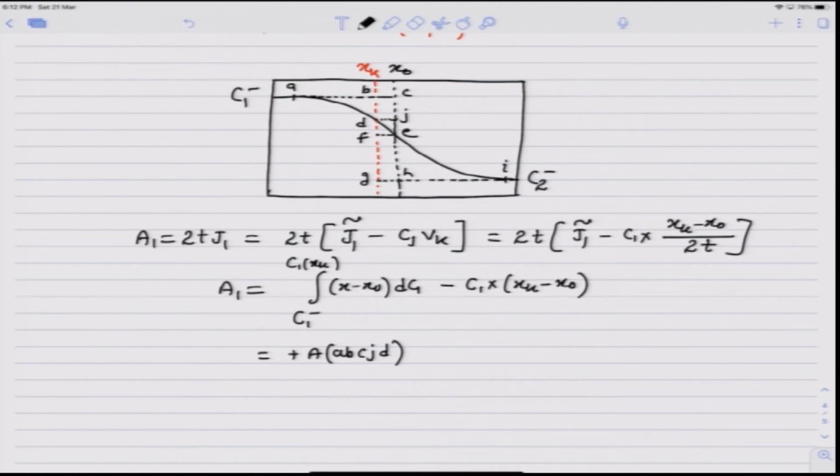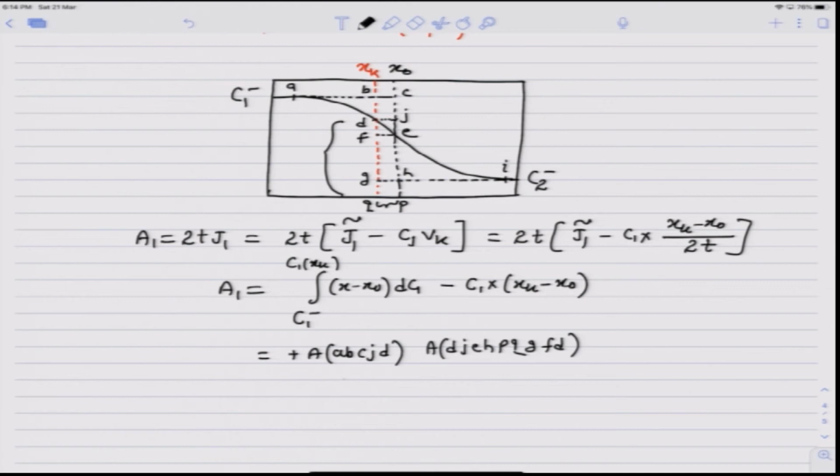Second one, C1 times (xk minus x0): xk minus x0 is this length and C1 is this length, and so we have this as the area PQGFD, and C1 is positive but xk minus x0 is negative, and so this has a negative sign.